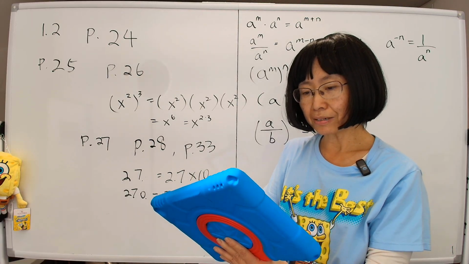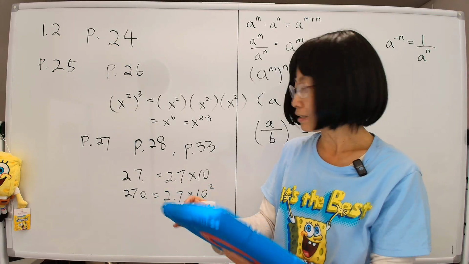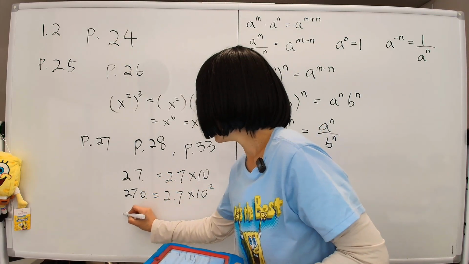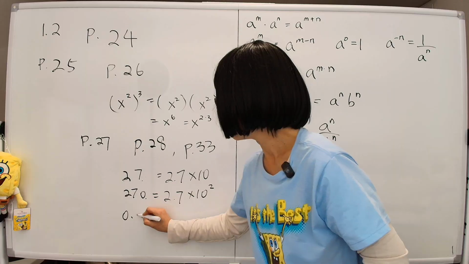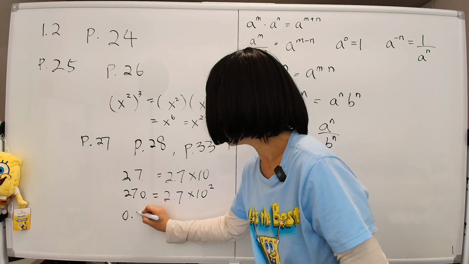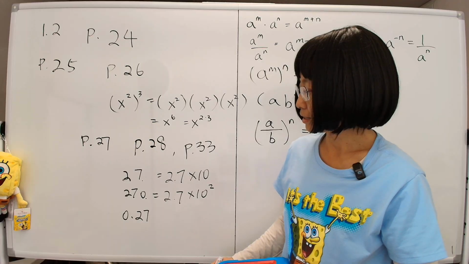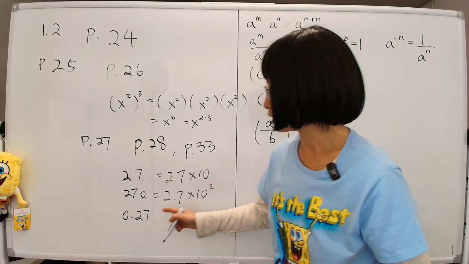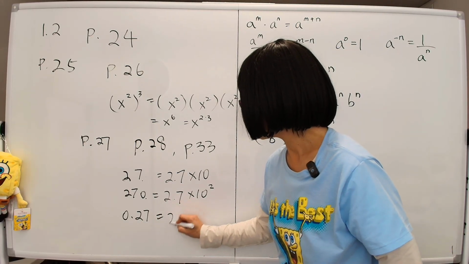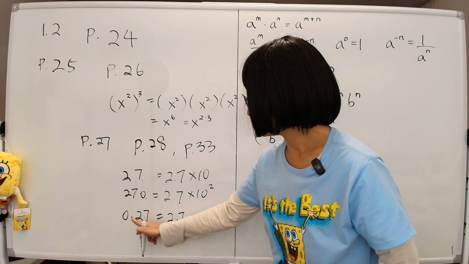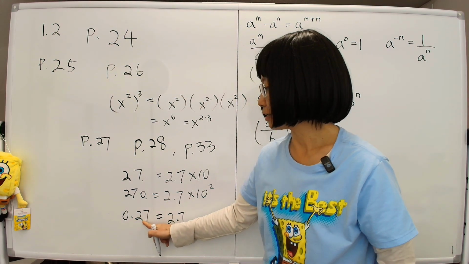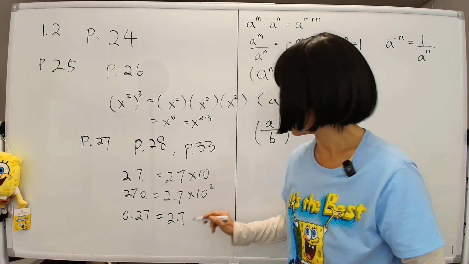And similarly, let's look at this. If you consider a decimal, let's say we have the number 0.27. How do you write this in scientific notation? That would be equal to 2.7. We move the decimal point this way, onto the other side, so we increase the value 10 times.